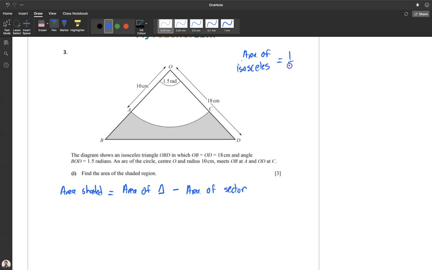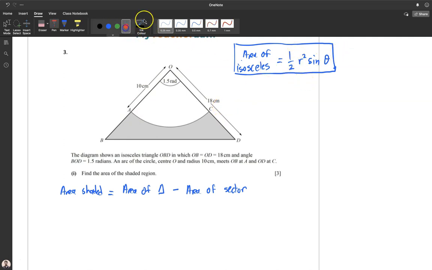It's actually equivalent to half r squared sine of theta. Now this is only true when the triangle is an isosceles, and you can find the value of the angle in terms of radians, and this angle must be the angle between the two isosceles legs. Okay, so half r squared sine theta.